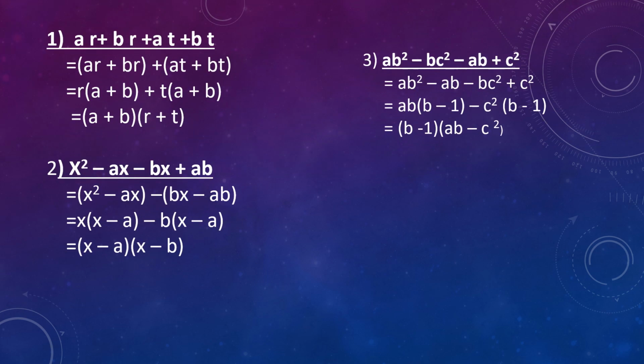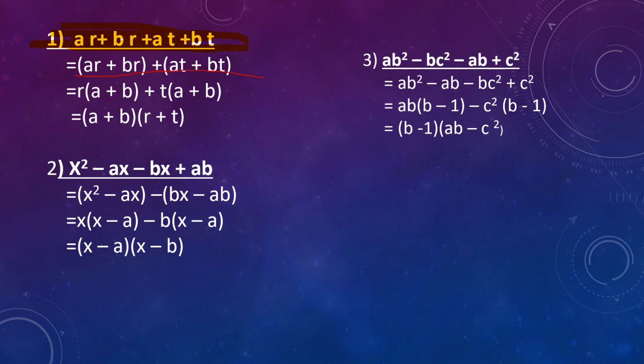The first one, the simplest one, AR plus BR plus AT plus BT. See, all signs are positive, so no problem. So I have taken AR plus BR in one bracket plus AT and BT in one bracket.